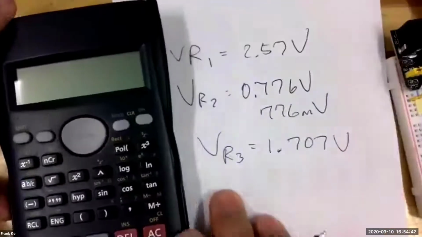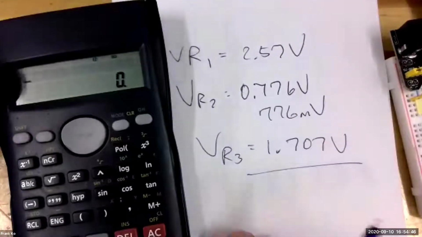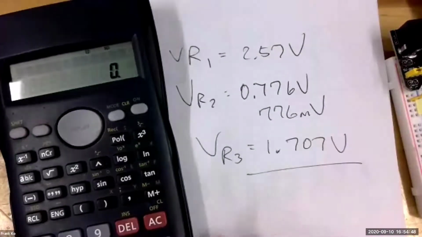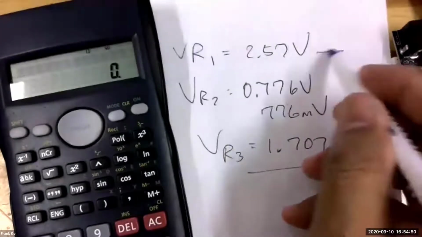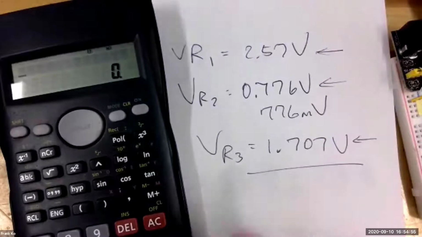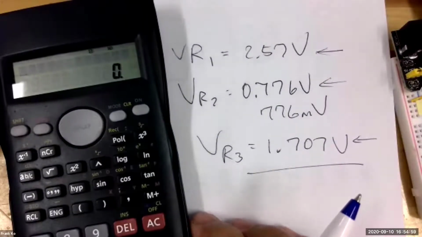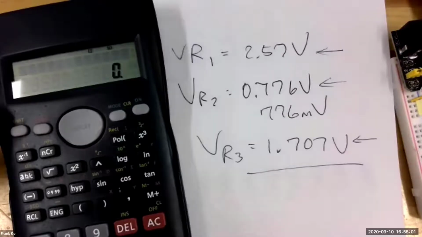Well, move those out of the way, get our calculator, and let's add these guys up, because if these are measured correctly, if the circuit's built correctly, shouldn't this number plus this number plus this number add up to something close to our 5.05 volts that we measured across the first set of terminals? Let's see what happens.